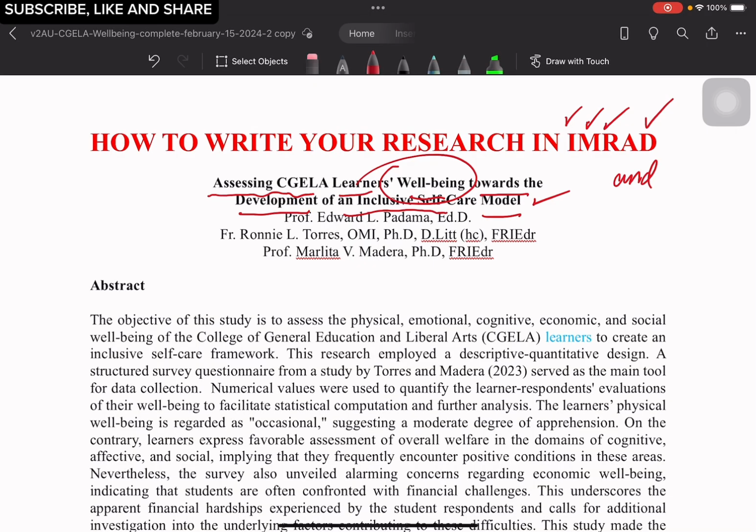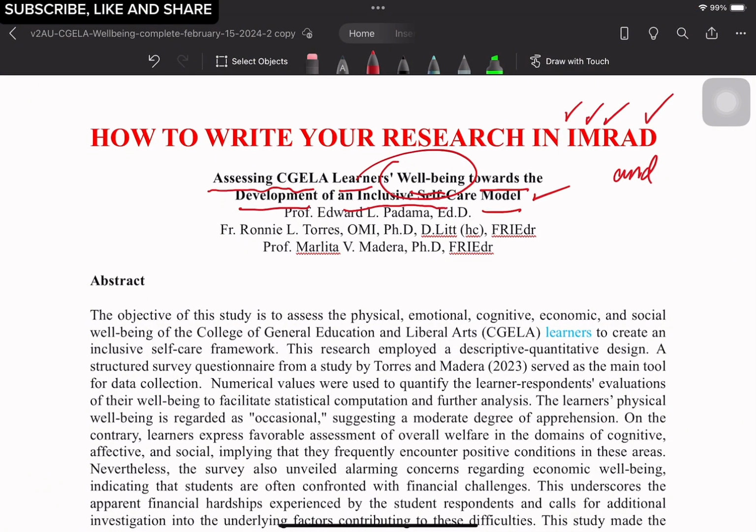The reason why I'm presenting this to you is that these two areas that I mentioned should be seen in the study later on. Okay, so there should be an assessment and there should be an output, which is the inclusive self-care model.